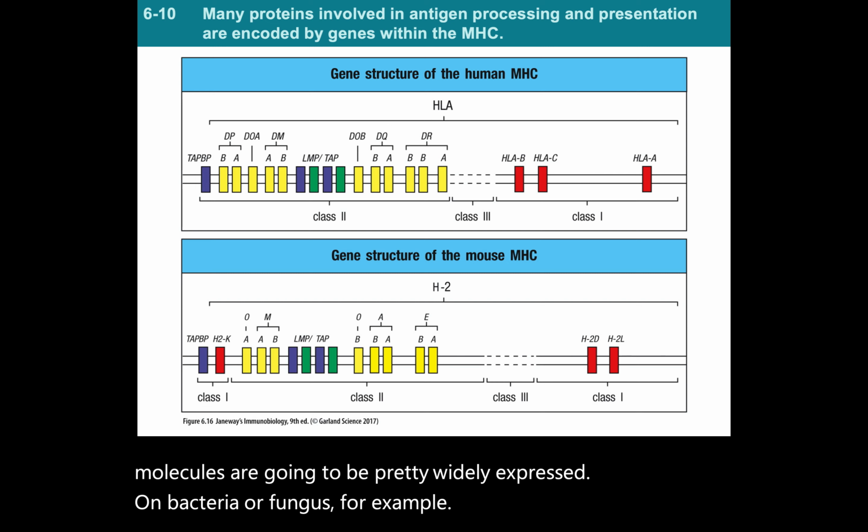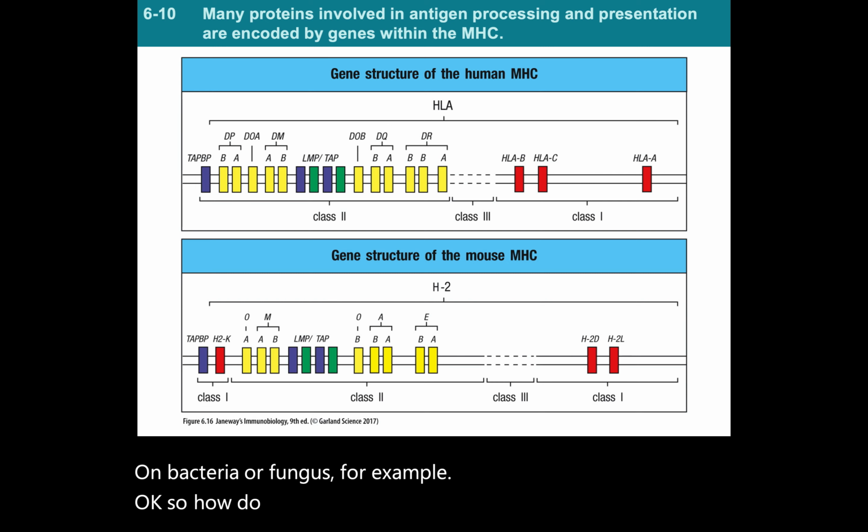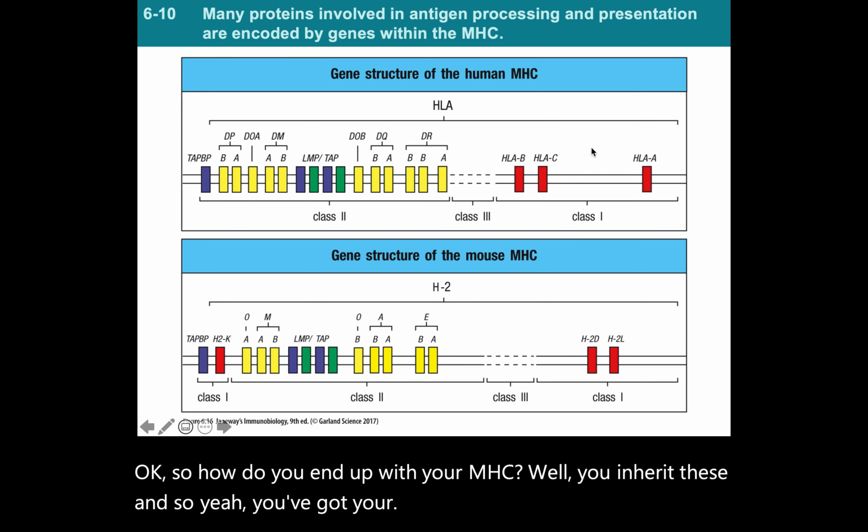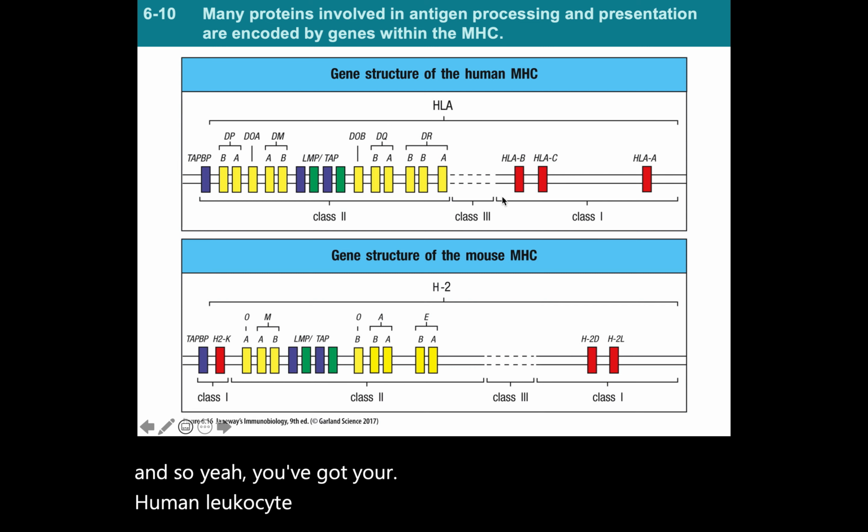Okay, so how do you end up with your MHC? Well, you inherit these, and so you've got your human leukocyte antigen A, B, and C. Together these are going to be your class 1.